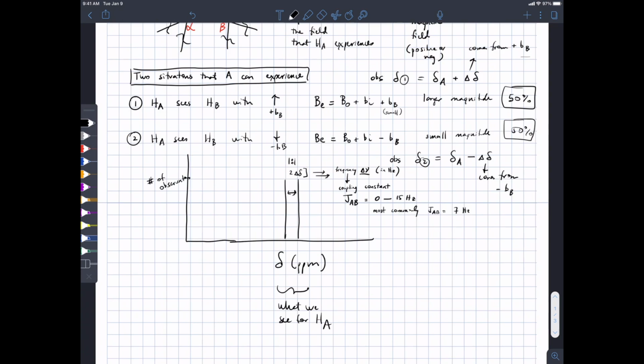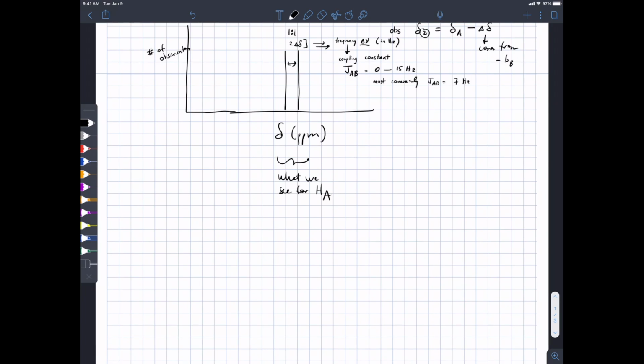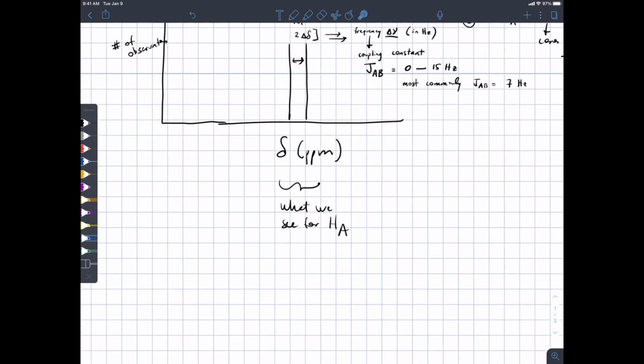So, other questions? Yeah? What does a larger coupling constant mean, or what does that translate to? A lot of things can influence coupling constant. This is not important really for the class, but if you look at A and B, they're adjacent to each other.